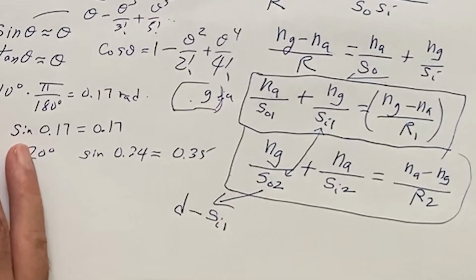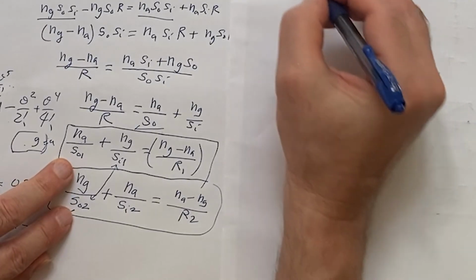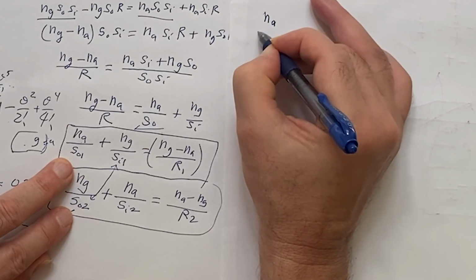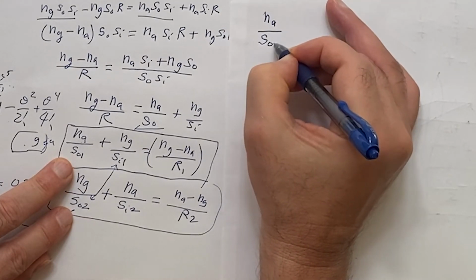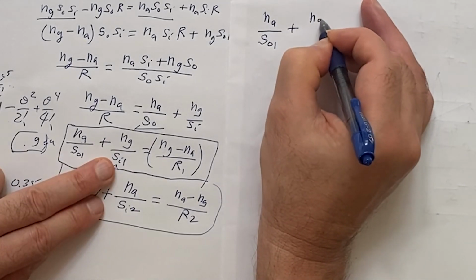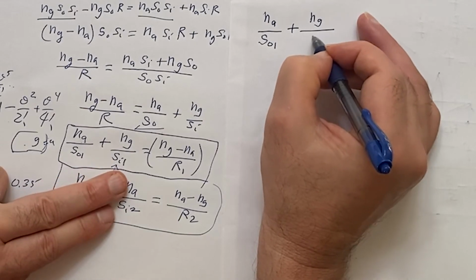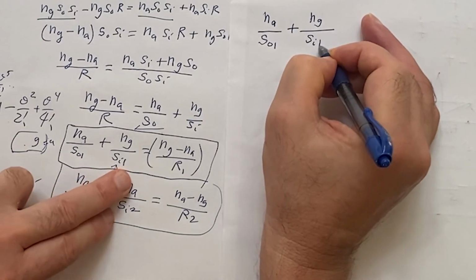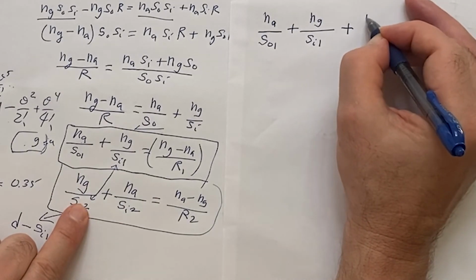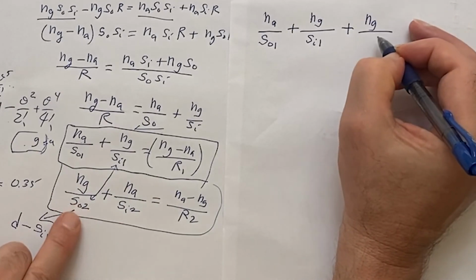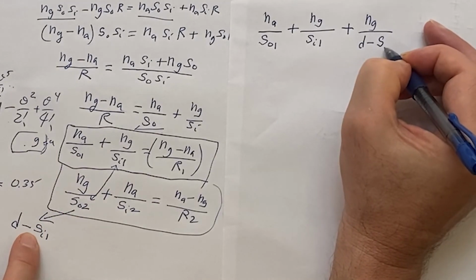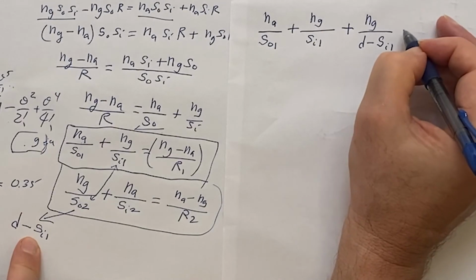So let's do that. Then we're going to have Na over So1, the object distance for the first surface, plus the index of refraction of glass, and then the image distance for the first surface, and then we're going to add this other equation. So it's going to be Ng, and then I'm going to put in D minus Si1, that's a substitution.